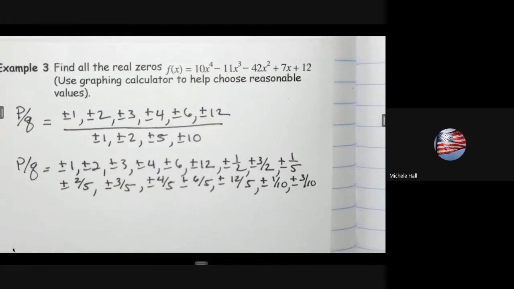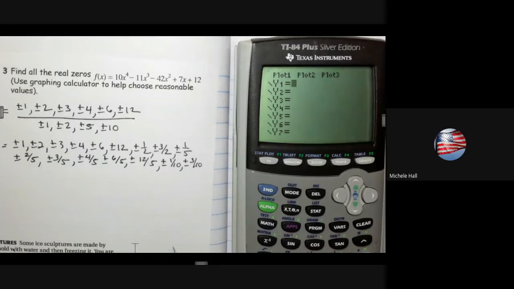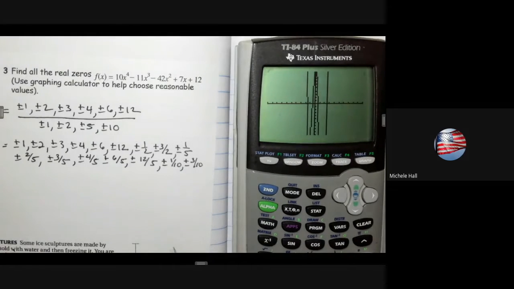We're going to use the calculator to help us start this process of a degree 4: 10x to the 4th minus 11x cubed minus 42x squared plus 7x plus 12. Graph. All right, so we're going to look at our window.